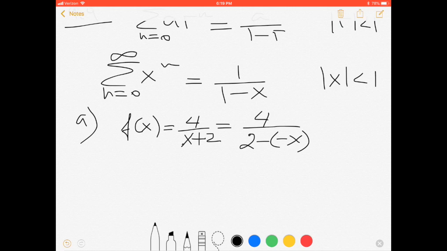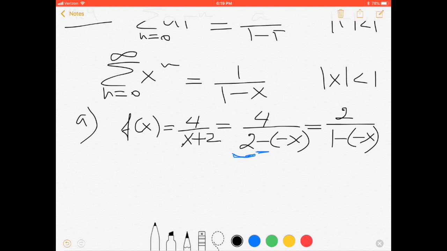I have this minus, but here I don't need 2, I need 1. So we divide the top and bottom of the fraction by 2, and 4 over 2 is 2, so we have 2 over 1 minus negative x.